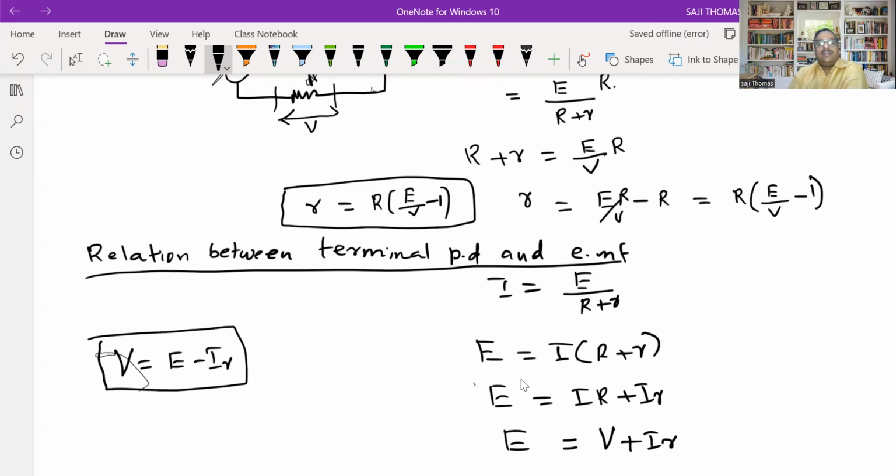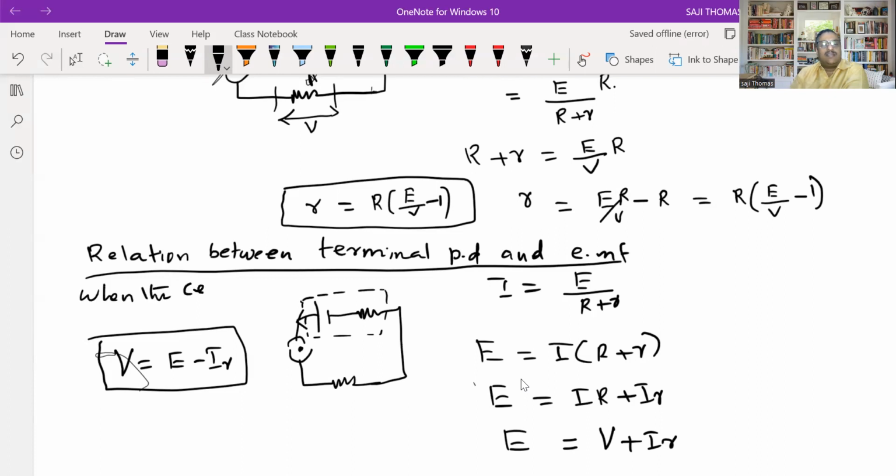So here in the previous circuit, the cell was discharging. Current is coming out of the cell. When the cell is discharging, what is the relation between terminal potential difference and EMF?